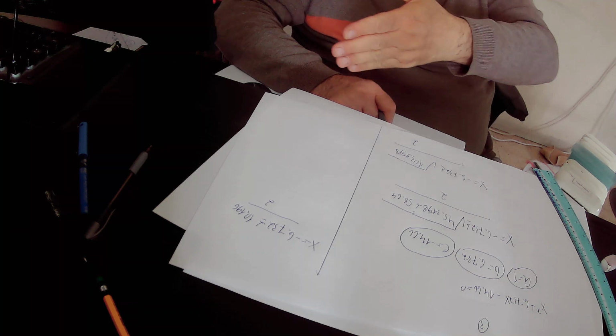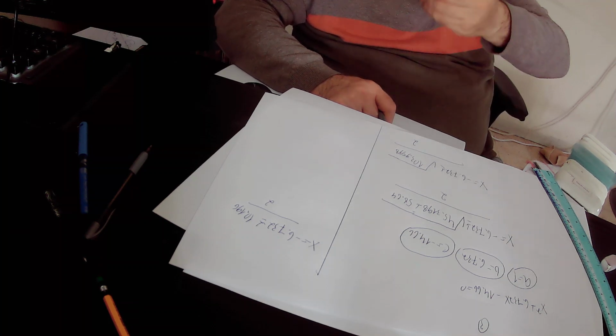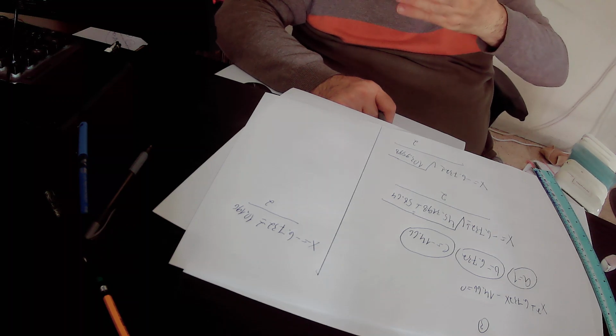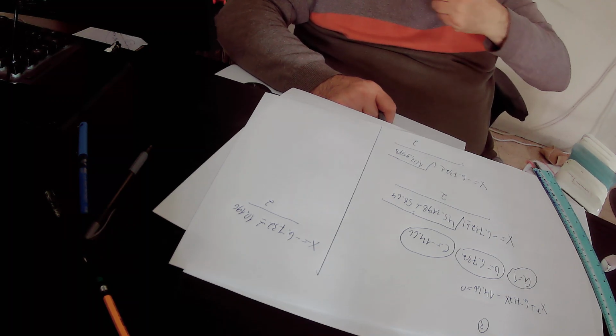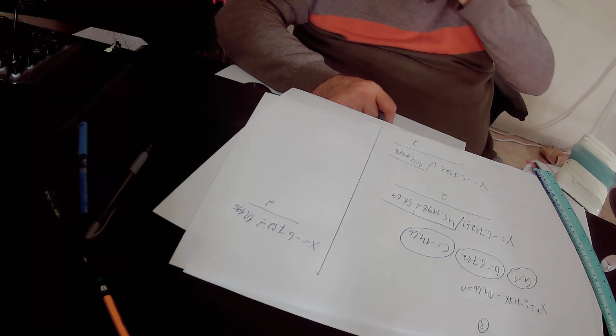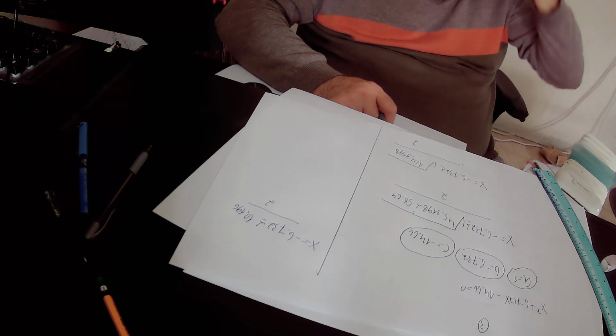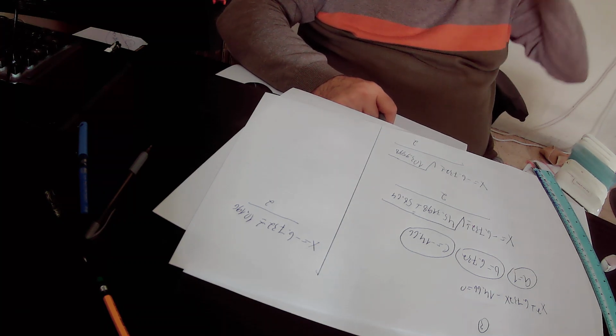We get a negative number, but x is a radius, and the radius is a length, and a length must be a positive number. So the negative solution is incorrect.